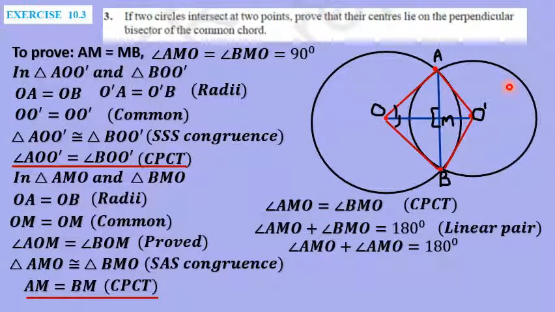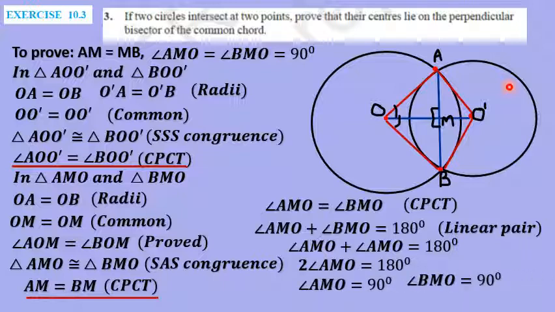So AMO plus AMO equal to 180. That is 2 AMO equal to 180. So angle AMO is equal to 180 by 2, which is 90, and angle BMO is also 90. So thus we proved that the centers of these two circles lie on the perpendicular bisector of the common chord.